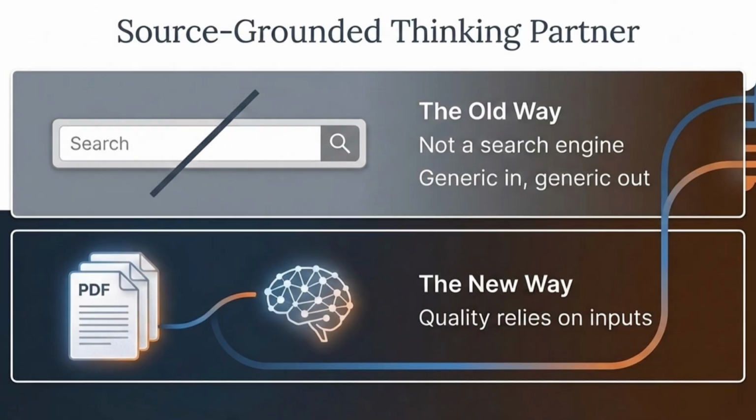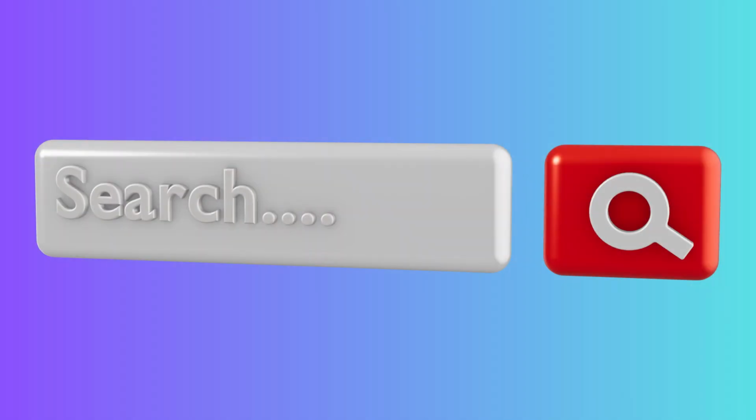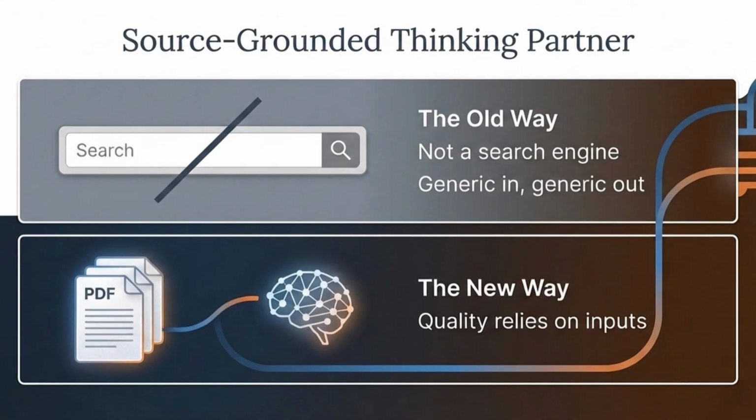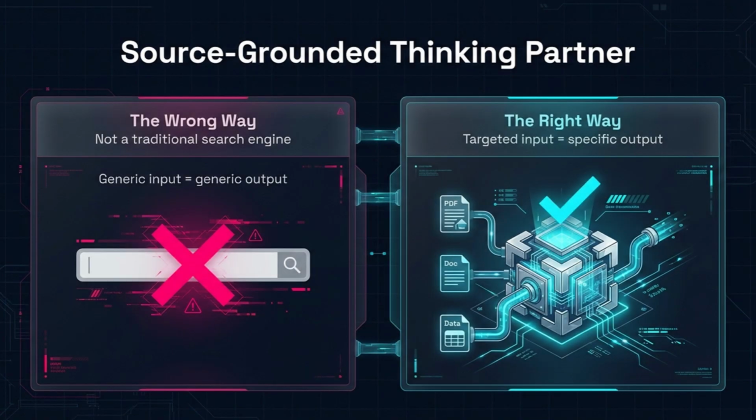Before I show you the system, there's one mindset shift that made everything else click. Most people use NotebookLM like Google. They upload one or more PDFs, ask one question, get a generic answer, and then give up. But NotebookLM isn't a search engine.